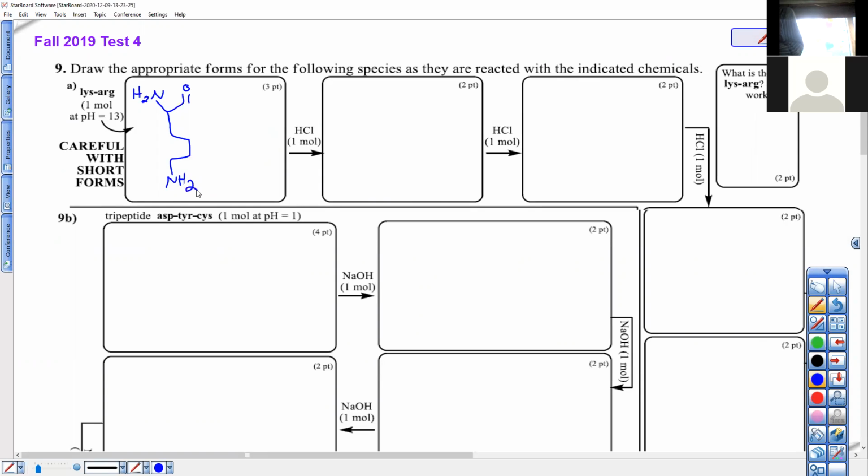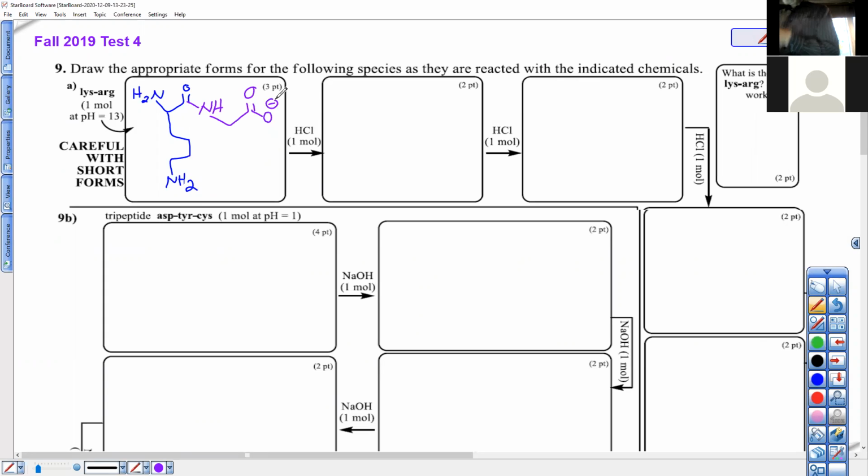And then we're going to go to another amino acid, arg. And here's arg. The carboxylic acid is definitely deprotonated.